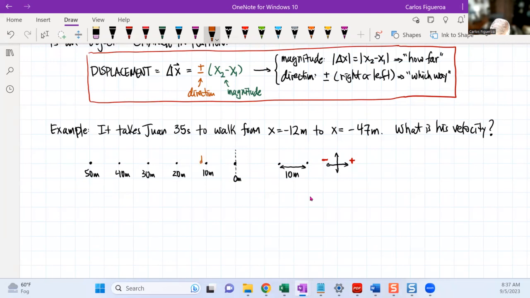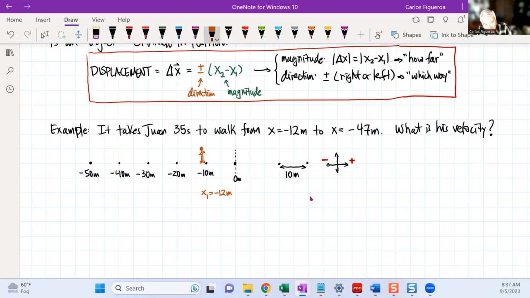He's standing right here. And Juan is located, according to the system, I'm going to say that he starts off at x1 equal to minus 12 meters.